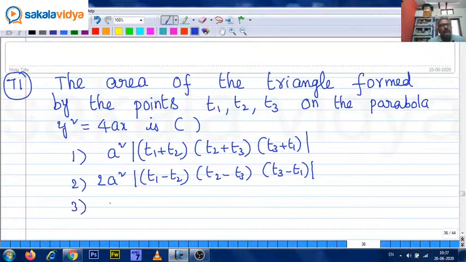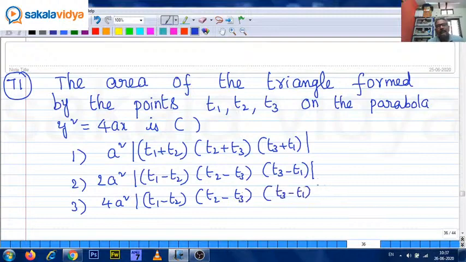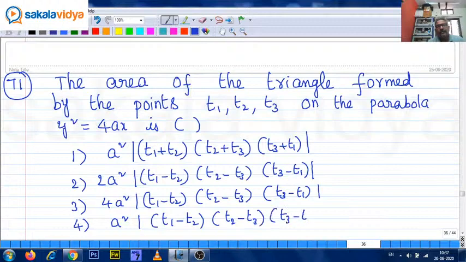Third option, 4a square mod of (t1 minus t2), (t2 minus t3), (t3 minus t1). Fourth one is a square mod of (t1 minus t2), (t2 minus t3), (t3 minus t1). Right.